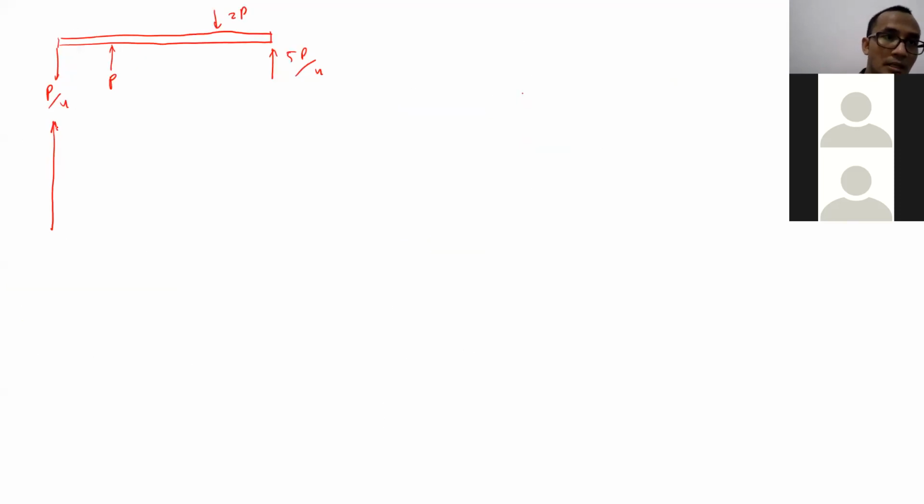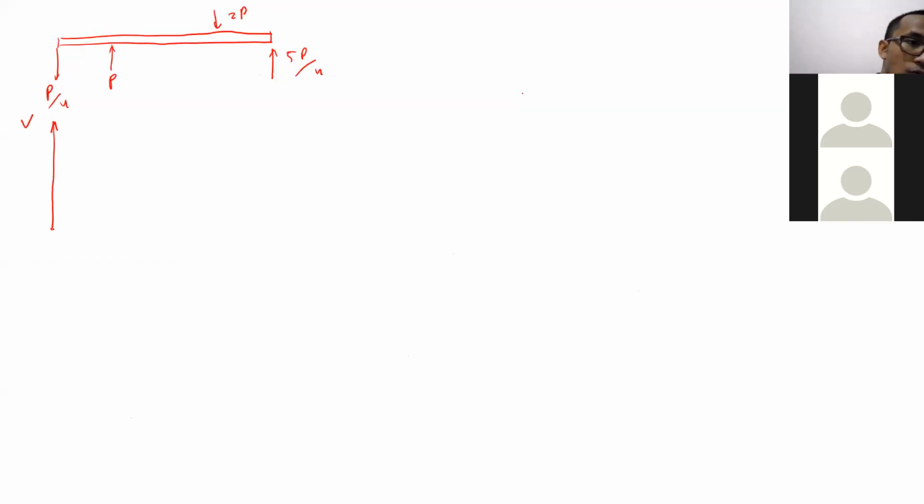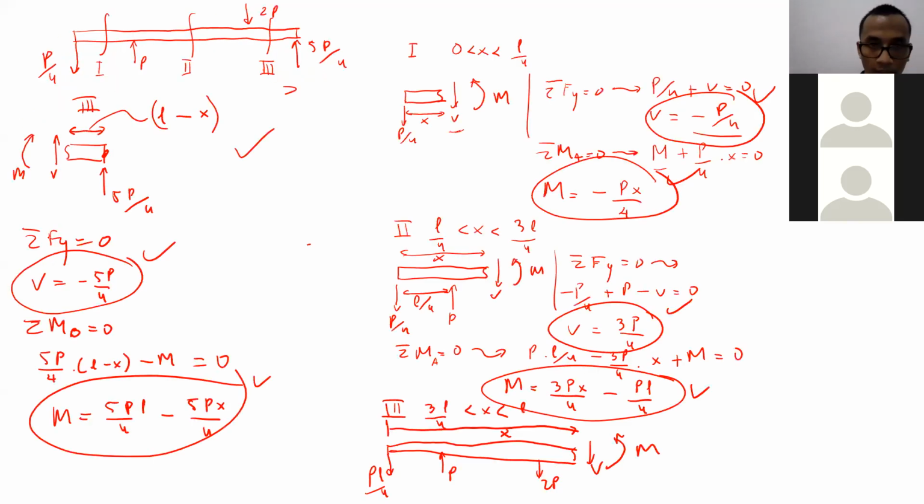For the shear force, the first section, the value of V is minus P over 4. So it's supposed to be like this. Minus P over 4, then 3P over 4, and minus 5P over 4.